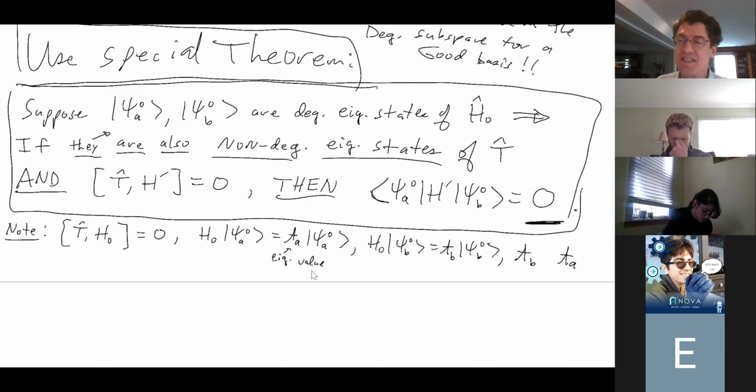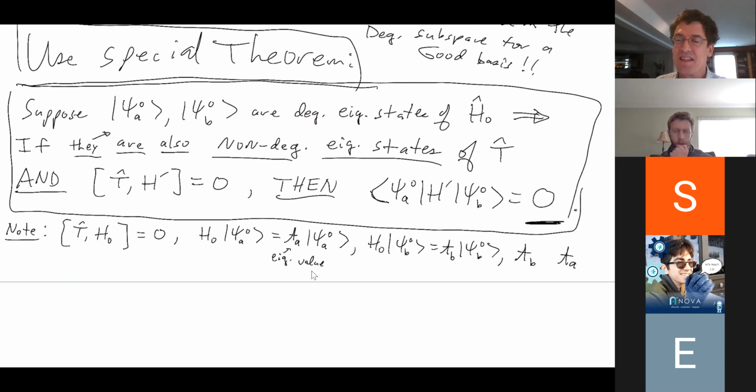Read the thing in the box. Sorry, Professor, but why do you have H naught as the operator? There's two operators. I have two states which are eigenstates both of H naught and of T at the same time. Is that okay? Does that make sense?